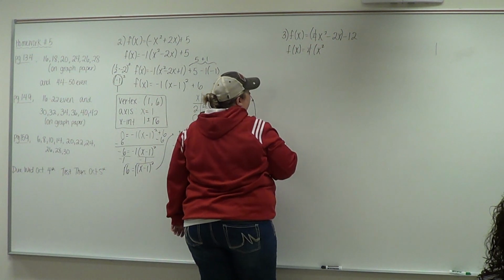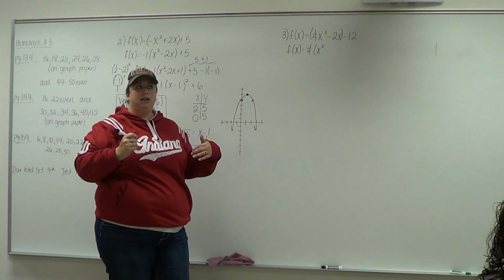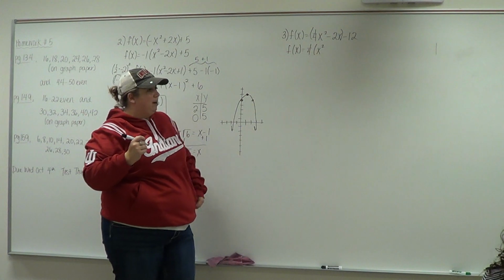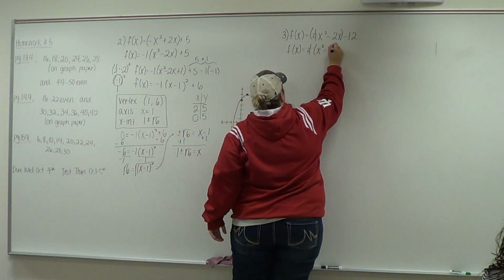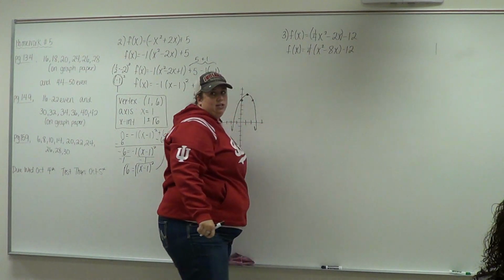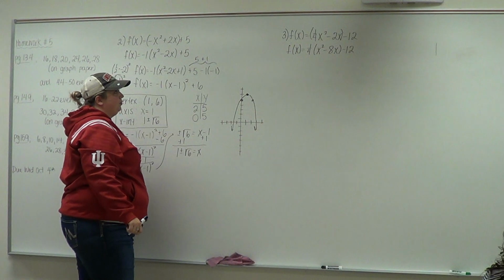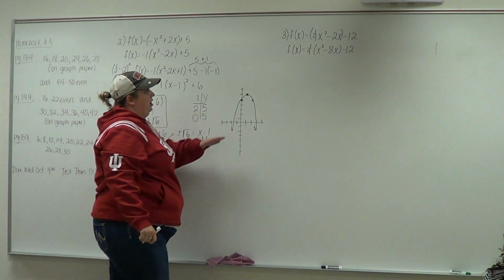So that's going to give me x squared. Now when you're factoring something out, it's like you're dividing by it. So when I take negative 2 divided by 1/4, that's negative 8. If you divide by a fraction, it's the same thing as multiplying by the reciprocal. Okay, and we leave the last part alone.